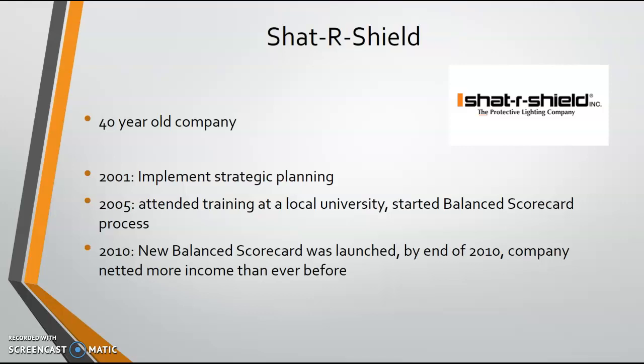So she received more training on the balanced scorecard and implemented a strategic balanced scorecard in 2010. And within that year, her company netted more income than ever before. So immediately she saw success with the balanced scorecard after she had got some training.